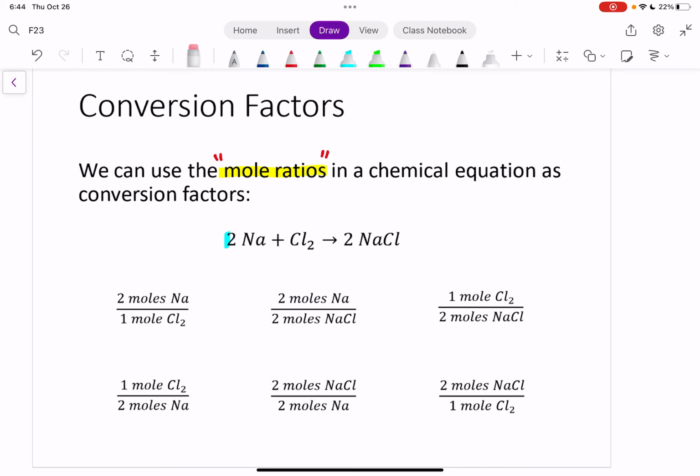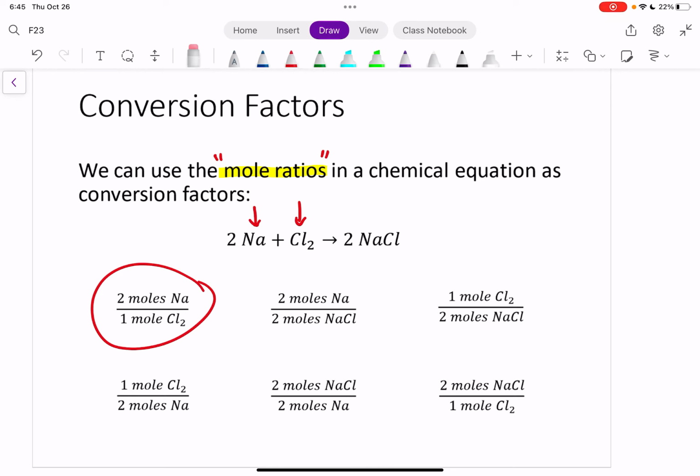Looking at just my Na and my Cl2, what is the ratio they react in? It's a 2 moles to 1 mole ratio, 2 moles of Na and 1 mole of Cl2. So I can write a conversion factor from that, where I have 2 moles of Na on top and 1 mole of Cl2 on the bottom.